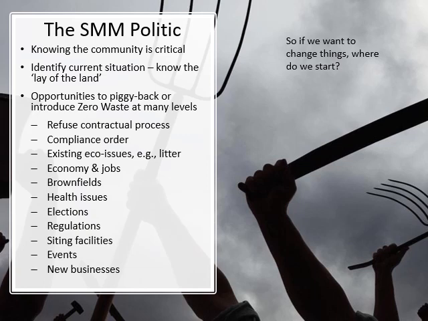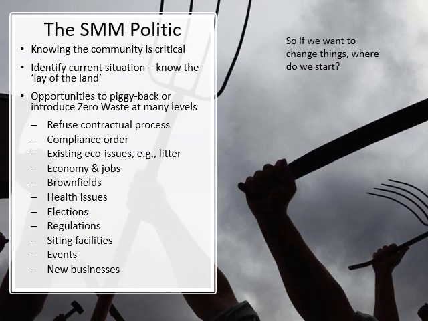One, for example, is the refuse contractual process. When we take on a new hauler, or want to switch from a hauler, or even just re-up with a hauler, there's a contractual process, and we've talked about that already. That's an opportunity in which we can instill zero waste into the equation.